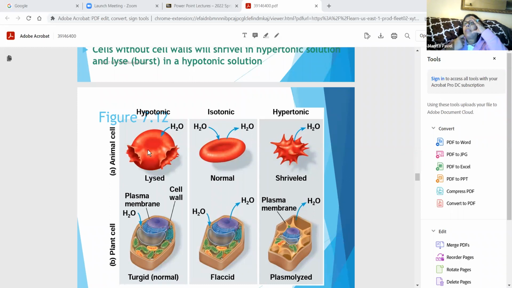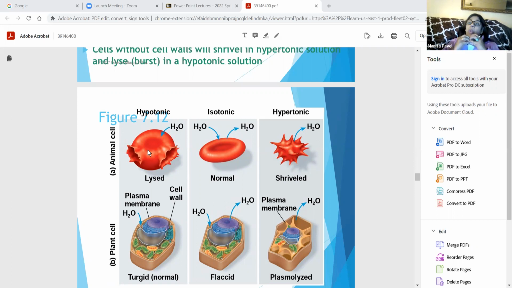What is happening to my cell? It's going to expand and then burst because every cell can only hold a maximum amount of liquid. The volume of a cell, every cell has its maximum volume or capacity it can hold.